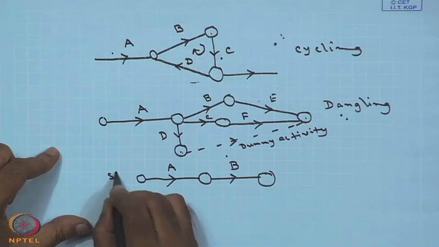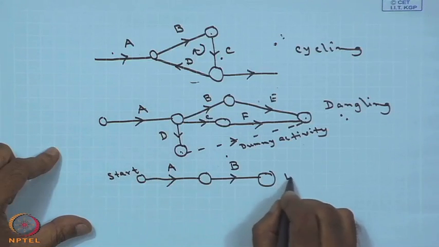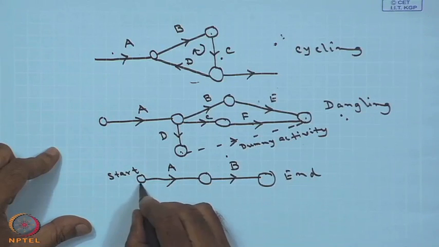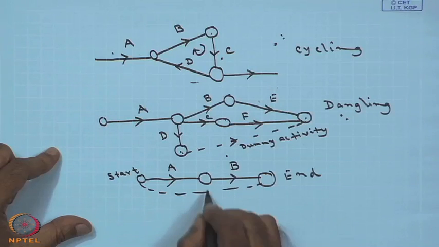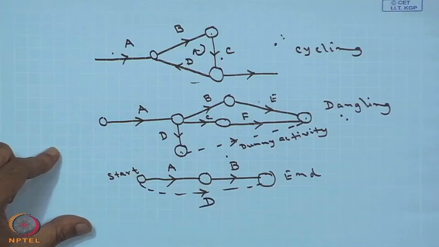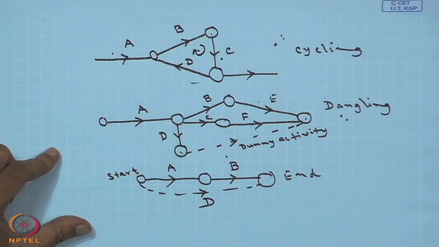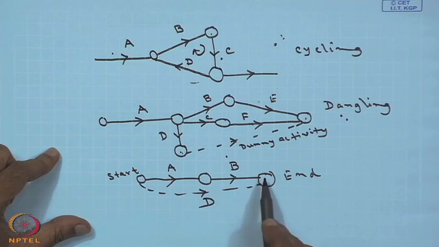So, basically this is your start and this is your end, and there is one dummy activity you have assigned here from start to end. Here we say that this D is the dummy activity, the unnecessary activity, and we call it a redundant activity, because for these 3 nodes there is always a predecessor and successor beyond this one, because this is the ending node.